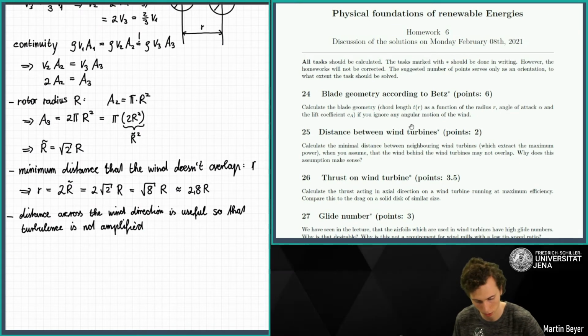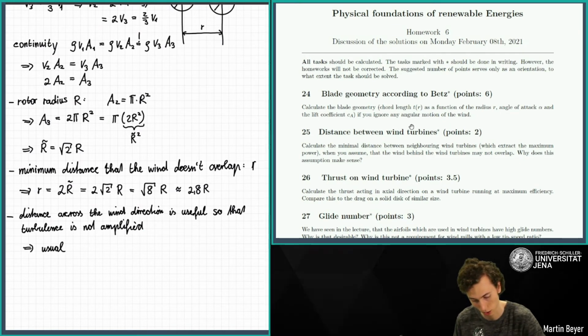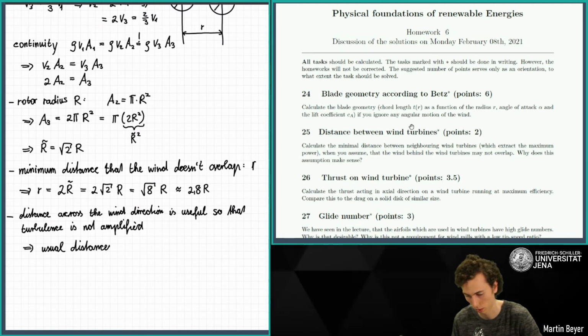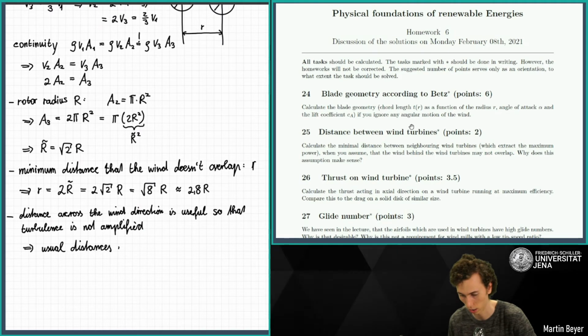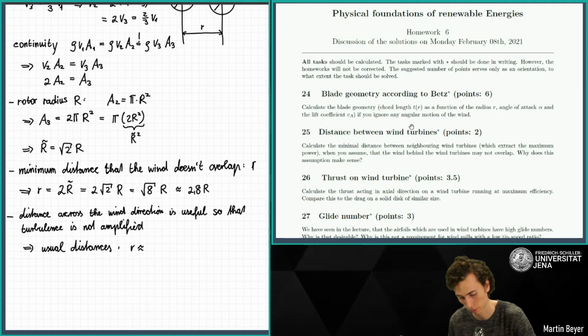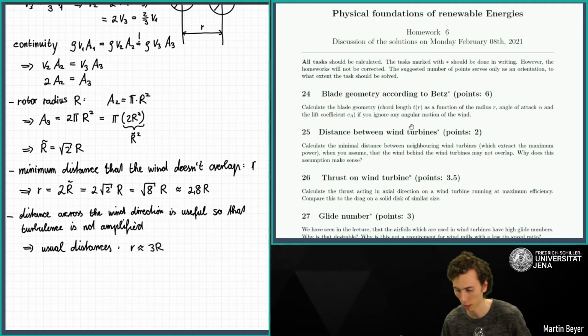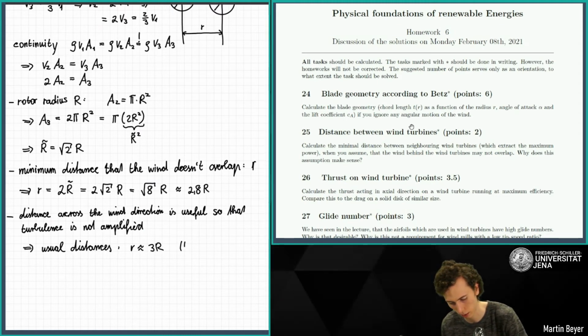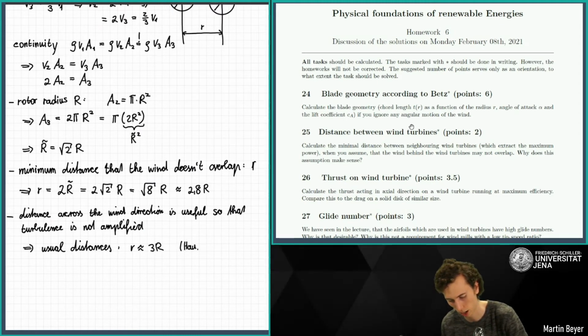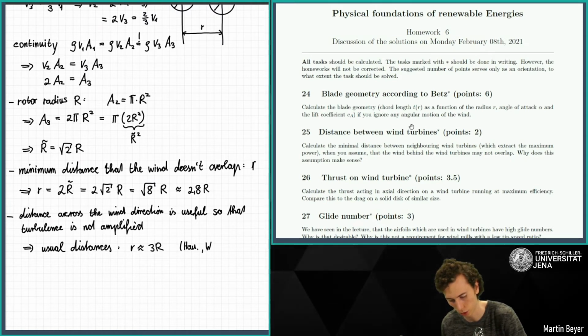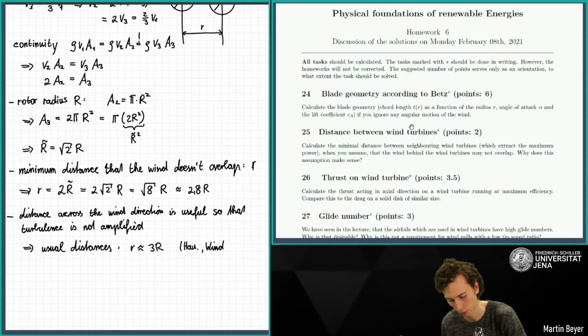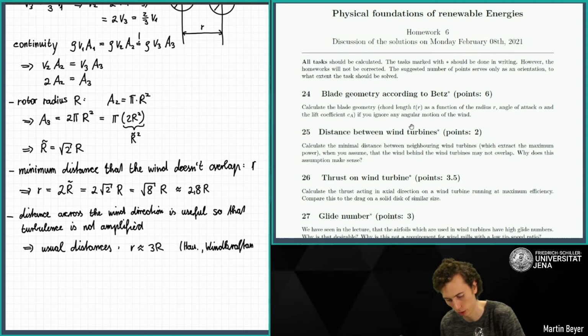So usual distances are indeed about 3r. This is something I found in the literature. You can find it in some large book written in German. It's called Windkraftanlagen, for anyone who is interested in looking this up.